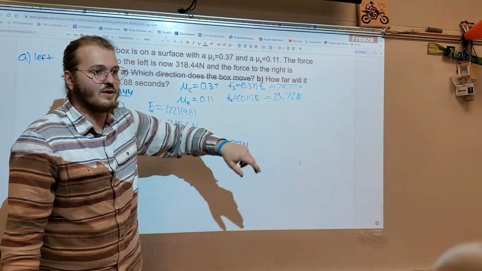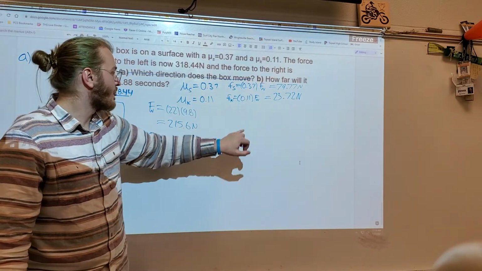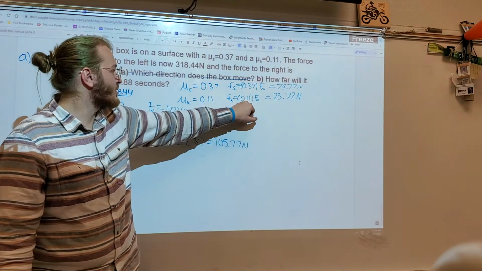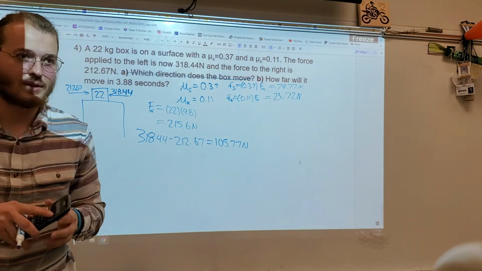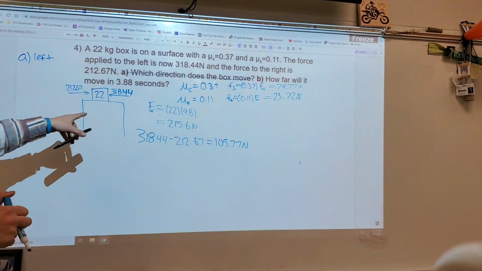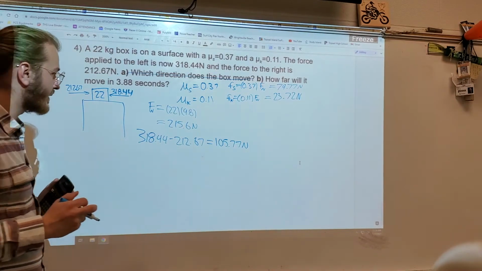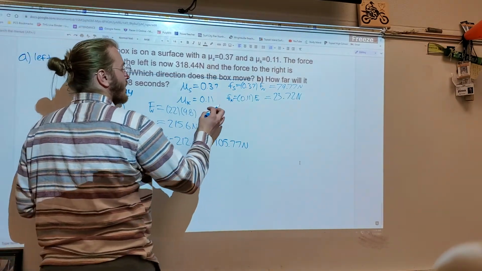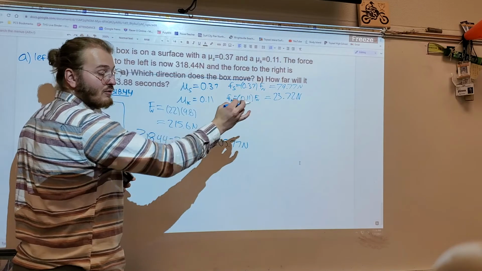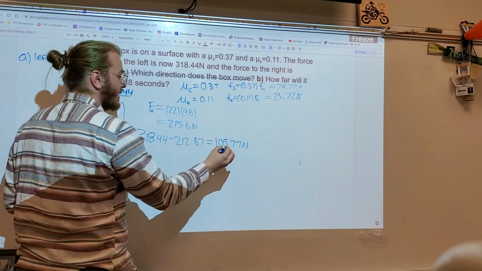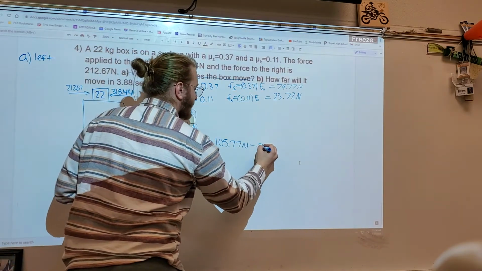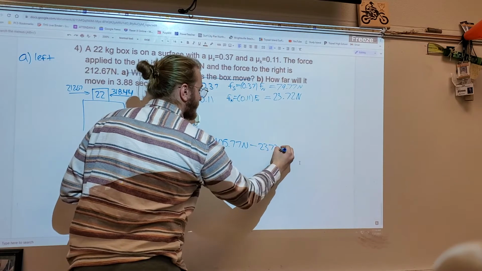meaning we don't have to worry about the static frictional force anymore. We can actually just focus on the kinetic frictional force. So if a net force of that is applied onto the box, what's the net force that the box is feeling? Well, we're going to subtract our kinetic frictional force from this net force applied.